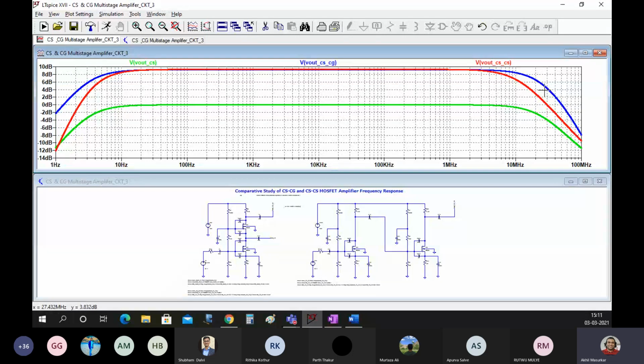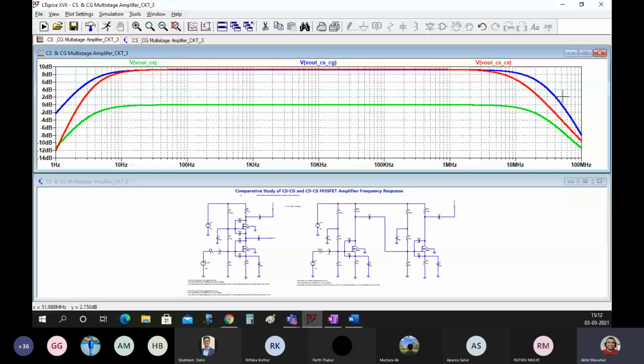That is the reason why we always go for CS-CG rather than CS-CS, because if I want to obtain the same gain, I can derive higher bandwidth from CS-CG. This is the result that I told you in my lectures also, that you get a slightly higher bandwidth in CS-CG compared to CS-CS, and that is exactly what I have shown you now through the lab.